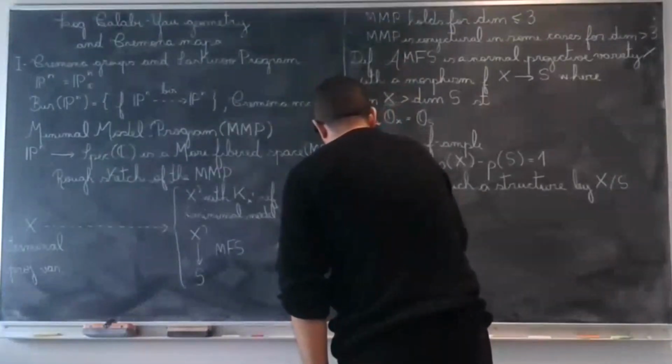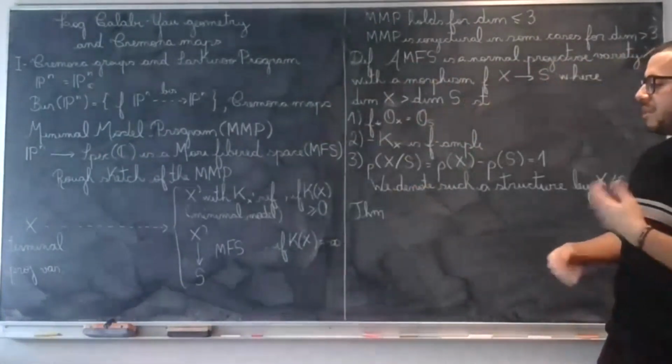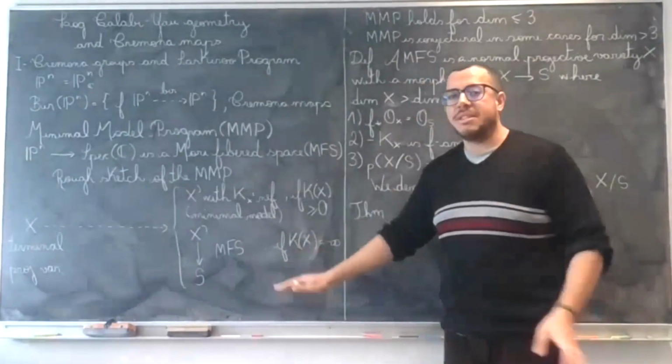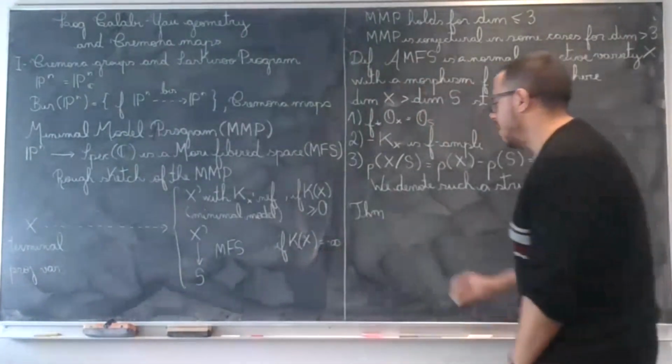And we have this result called the Sarkisov Program, which tells us how these outputs, in this case Mori fiber spaces, are related.